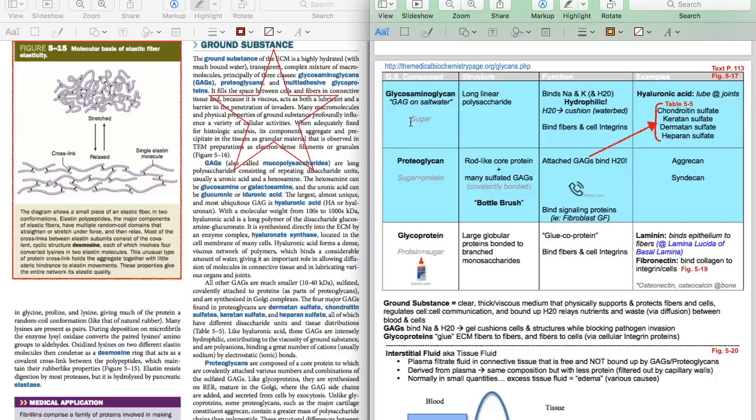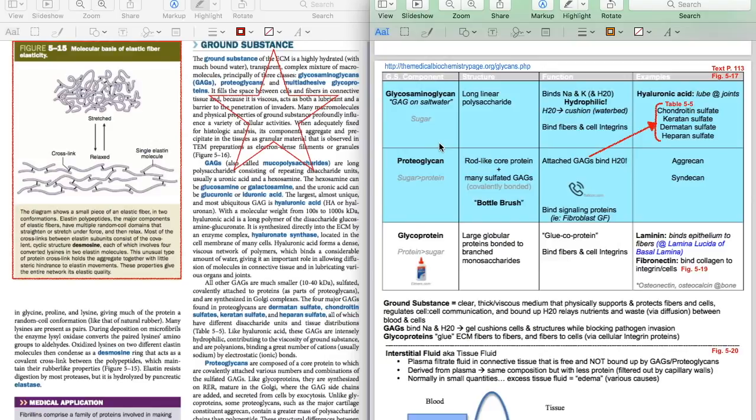All right, it's basically sugar. It's mostly sugar. It's a huge, long chain of sugar. It's a long, linear polysaccharide. It's really big. It's also the most common GAG, or glycosaminoglycan, in the body. It's super important. Make sure that you really understand every bit of this table.